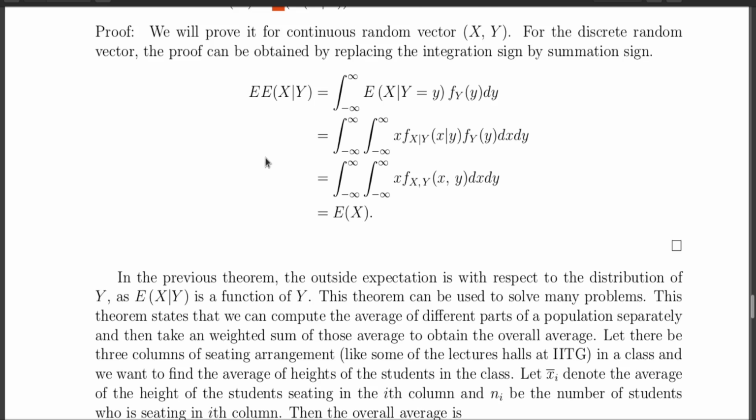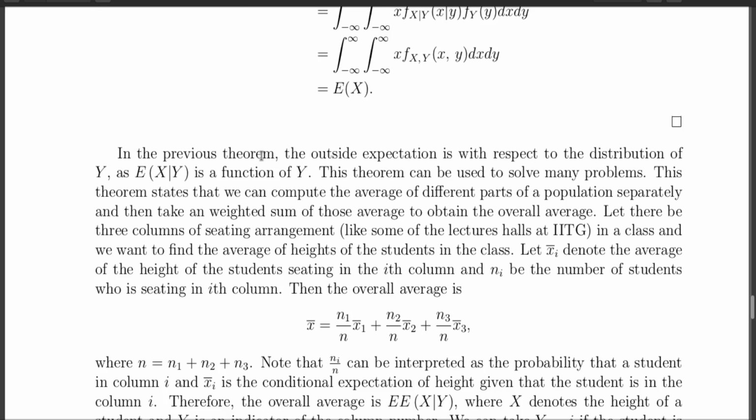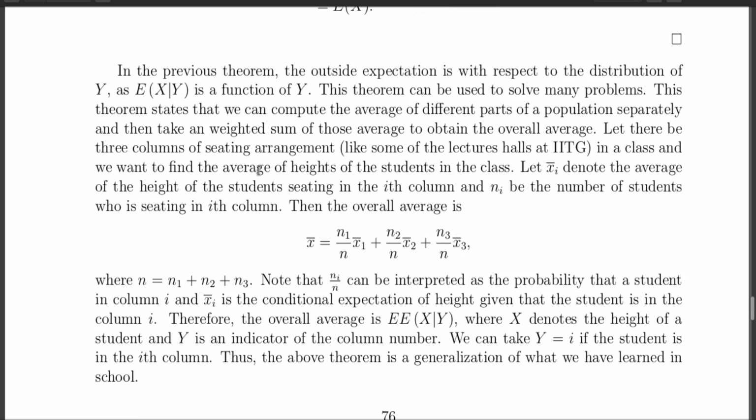The intuitive idea actually comes from what we have done at school level. Suppose in a class we have three columns of benches, just like in many lecture halls we have in IITG.